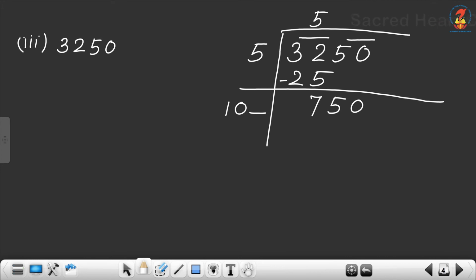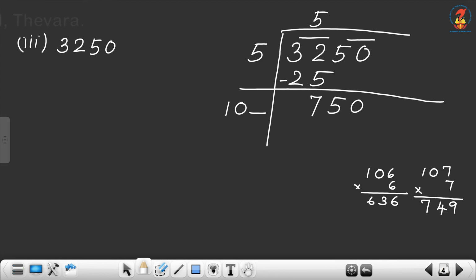Now we have to try. Then 100. If you take 6, 6 6s are 36, 636. Now we look into 7. If you take the digit as 7, 107 into 7, 749.